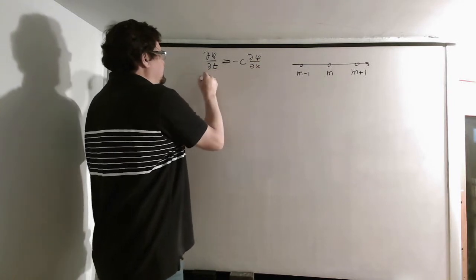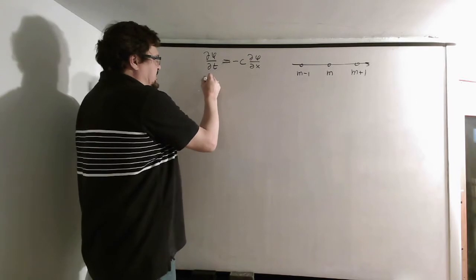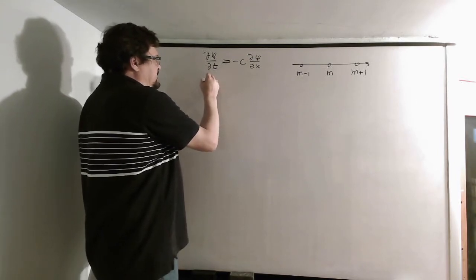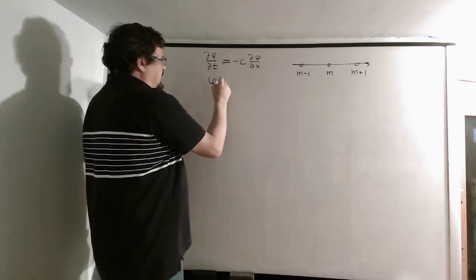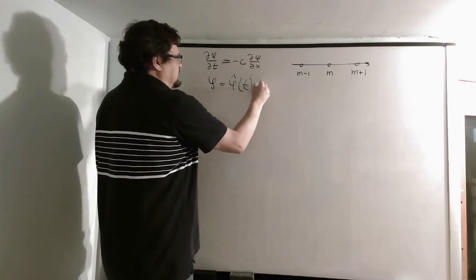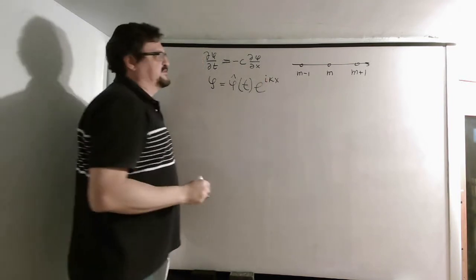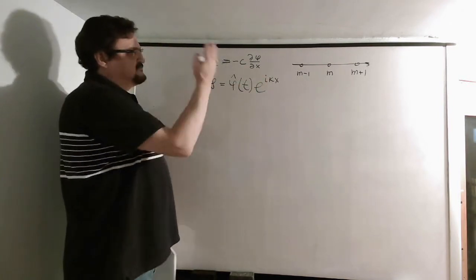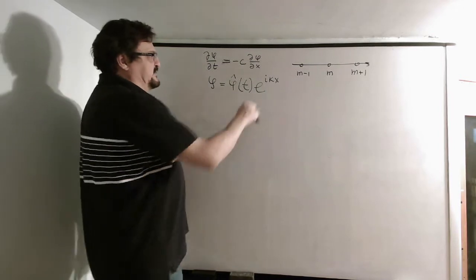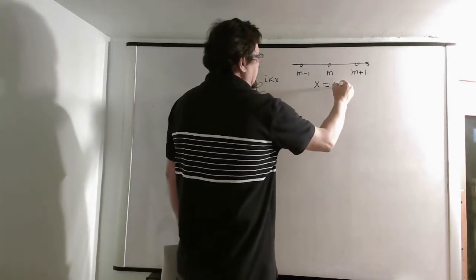We consider our solution as some amplitude as a function of time times e^(ikx), wave number times x, so it's sinusoidal with wave number k, and x in this case equals m delta x.